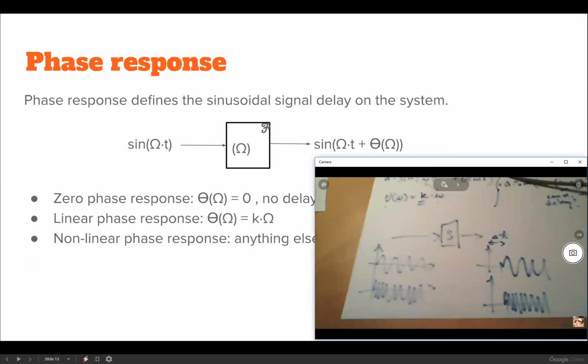For example, the oldest multiple frequency signal was the dual tone multiple frequency, the DTMF signal on telephones, and the first modems had limitations because of the filters and the transmission lines.